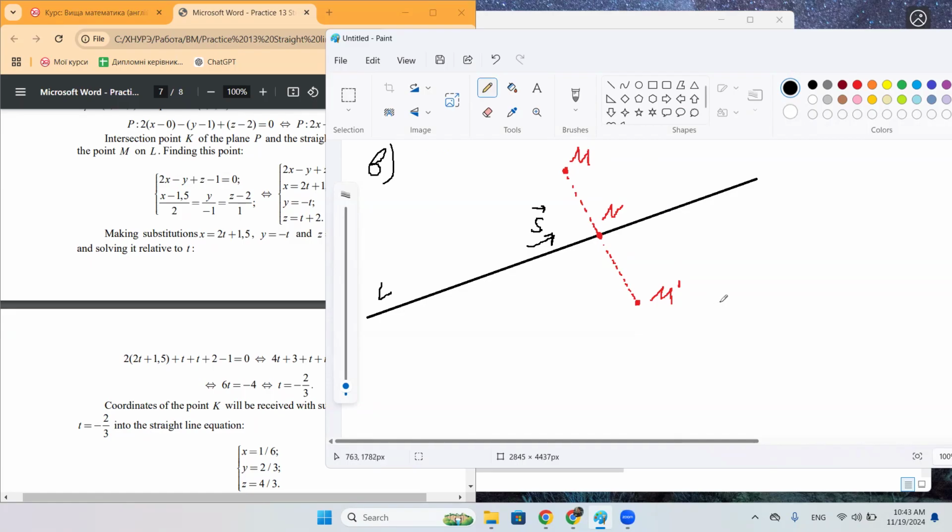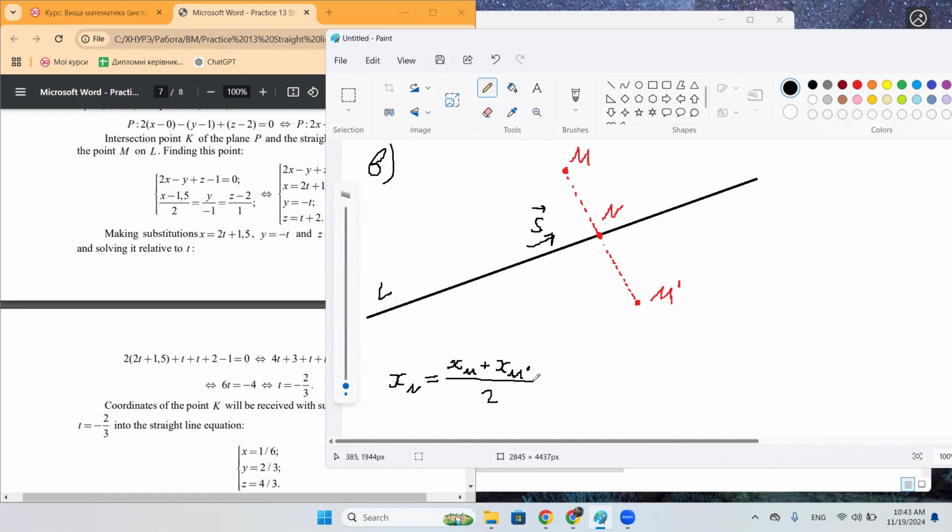And how to find the coordinates of the middle point? What do you remember from the vector algebra? Which formulas to use? Okay, I will remind you. We need to add coordinates and divide by 2.